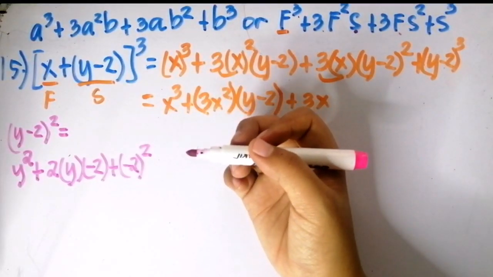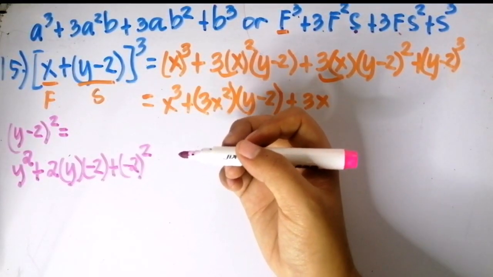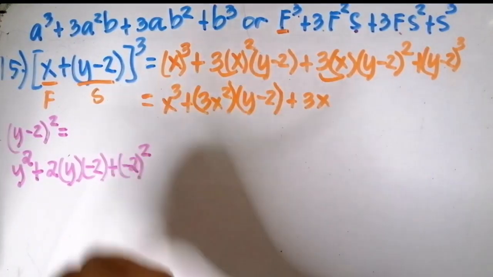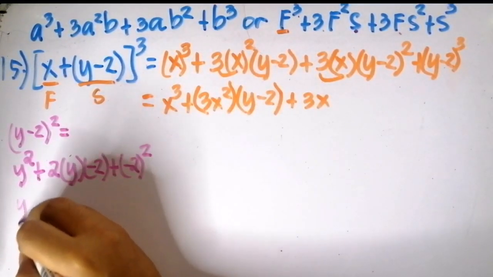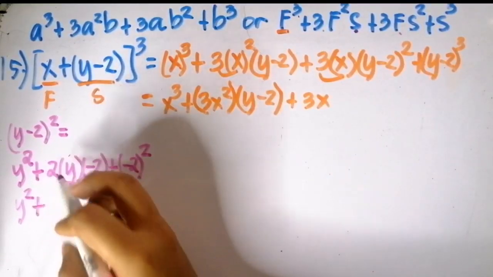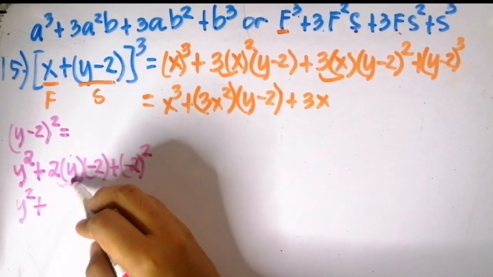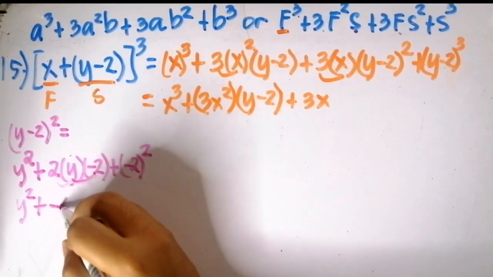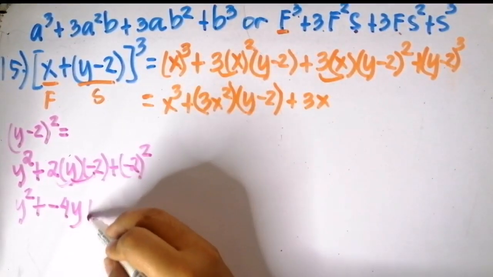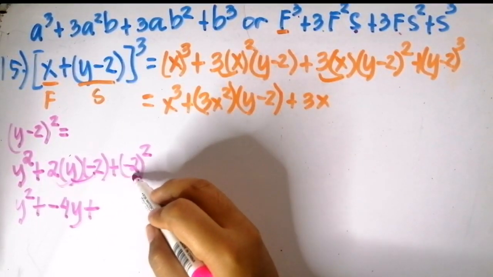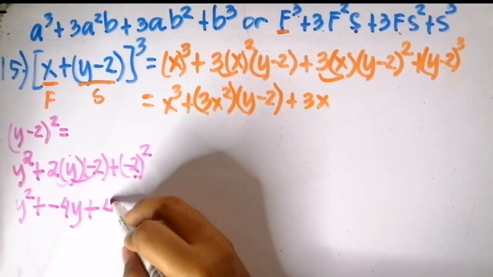Okay, so kailangan ninyong i-master yung mga tinuro kong special products. Dapat ulit-ulitin ninyo yon. Okay, so that is y squared plus 2 times y times negative 2 equals negative 4y plus negative 2 times negative 2, positive 4.